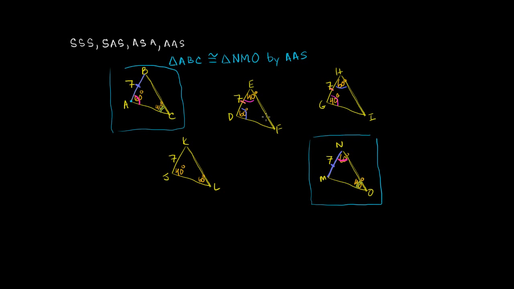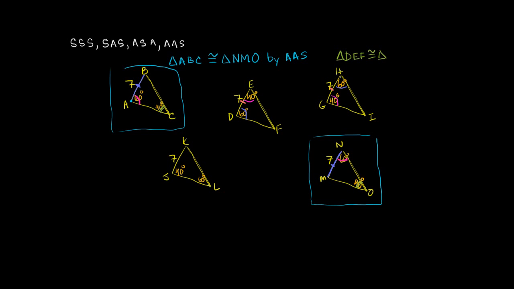And I'll write it right over here. We can say triangle DEF is congruent to triangle. And here we have to be careful again. Point D is the vertex for the 60-degree side.